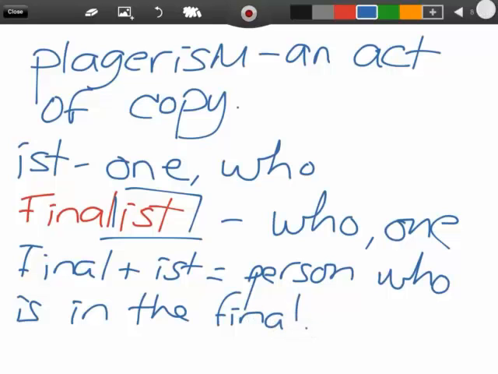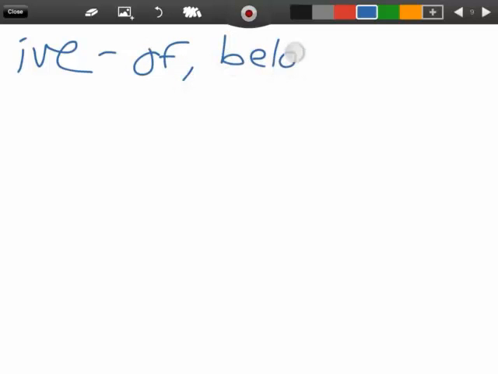Moving on to my next suffix is ive. And ive means of, belonging to, or quality.